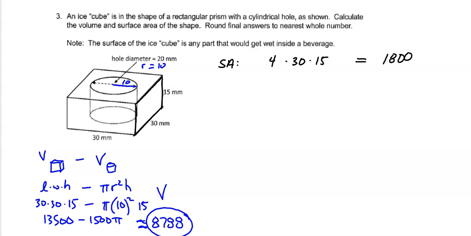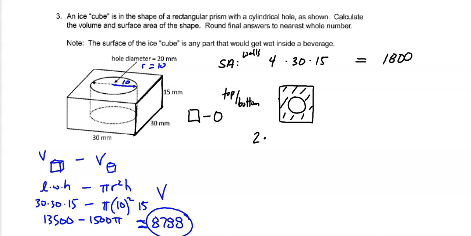Now we need the top and the bottom. So these were the walls. Now when we do the top and the bottom, we basically have a square with a circle cut out of it. So we're trying to find that area. And we got to remember there's 2 of those. So we have a top and a bottom. It's going to basically be the area of the square minus the area of the circle.